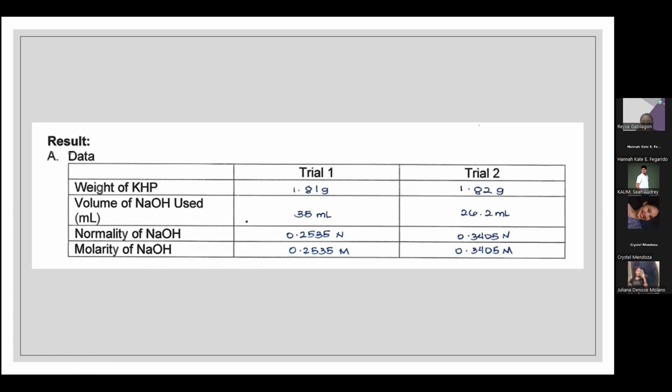The volume of NaOH used is 26.2 ml. The normality of NaOH is 0.3405 N, and for its molarity, 0.3405 M.